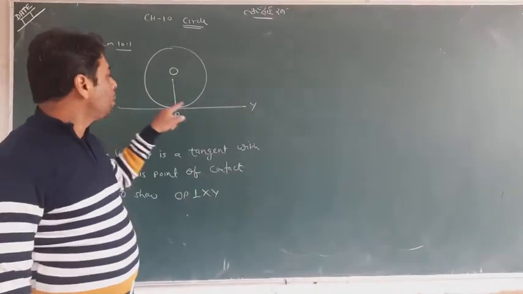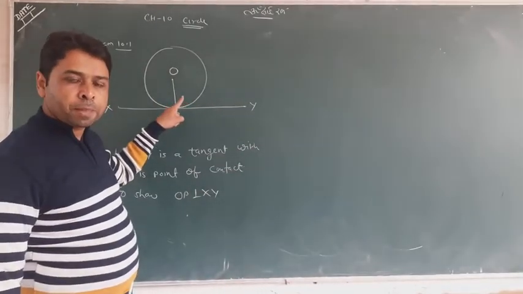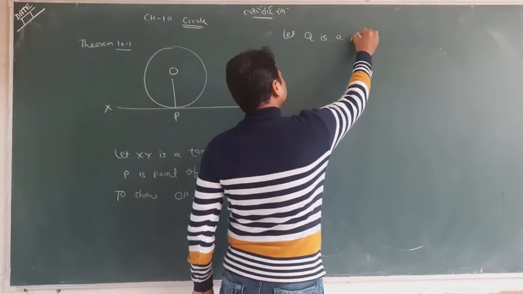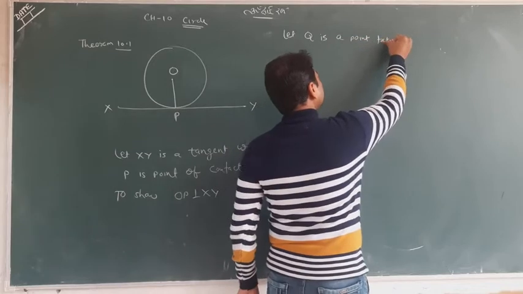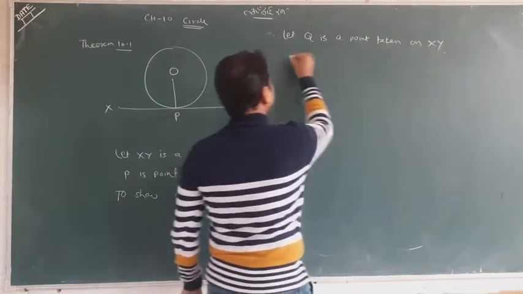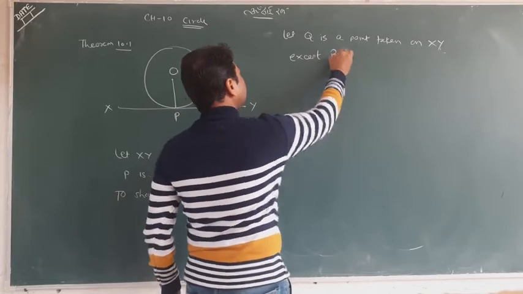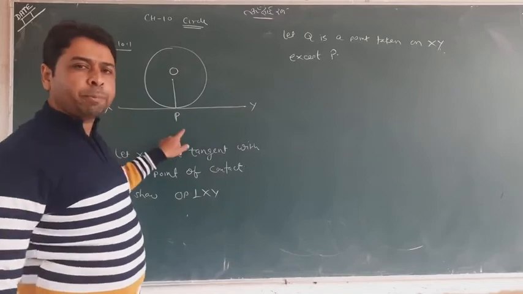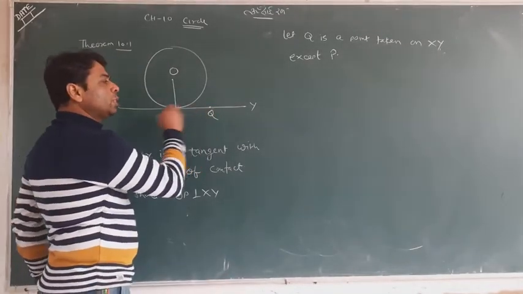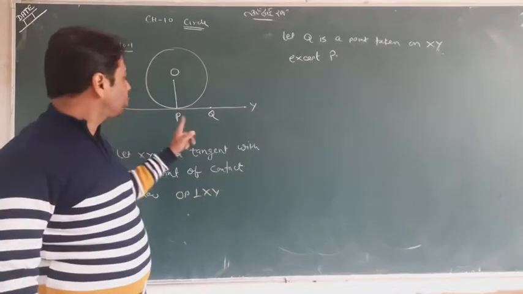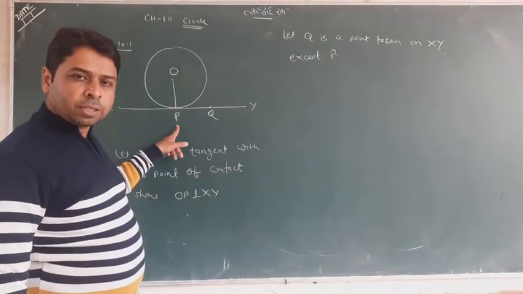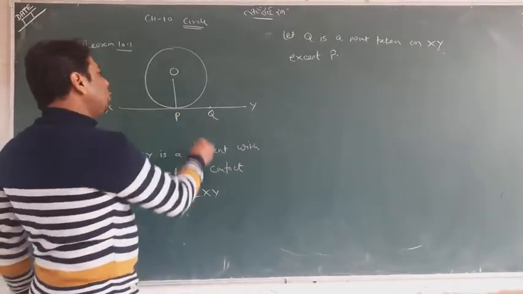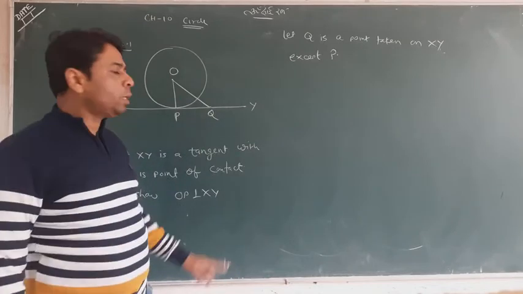Let me say one thing. P is a point on the circle. Let Q be a point taken on XY except P. Can you read this sentence? Q is a point taken on XY except P. So suppose I take Q on XY, but definitely it is other than P. If I join OQ, what do you think about Q?